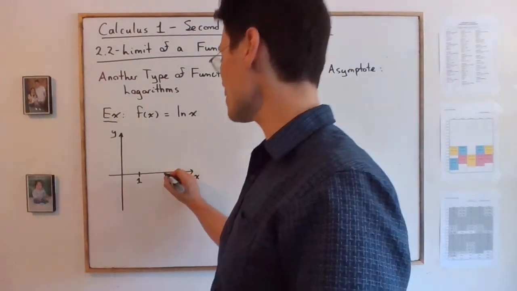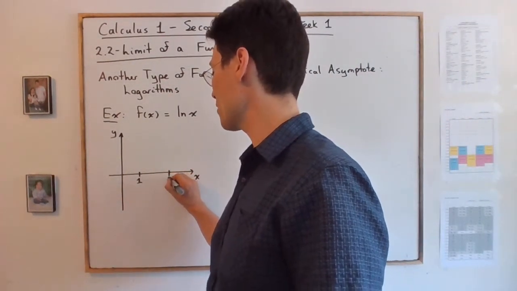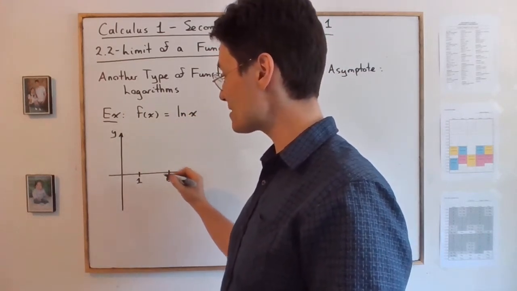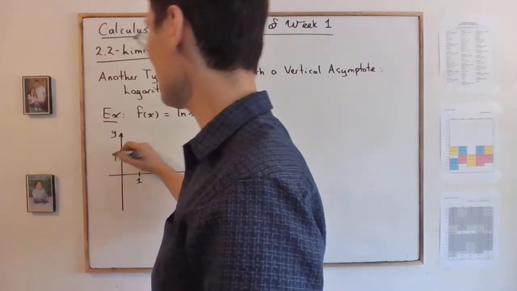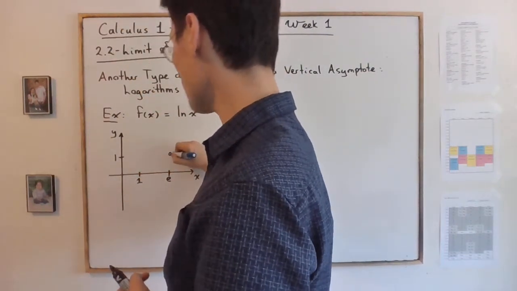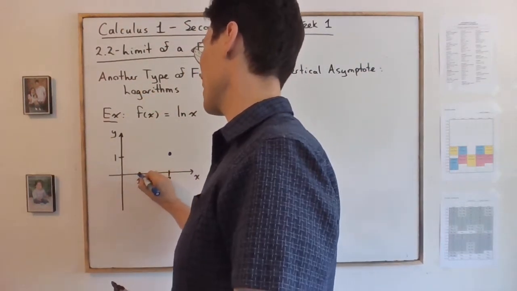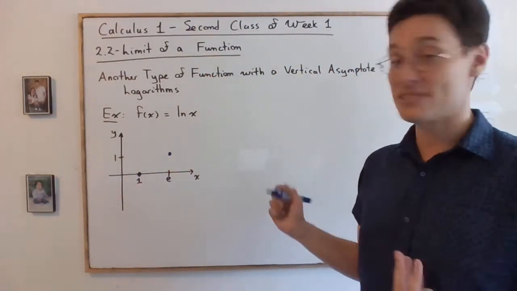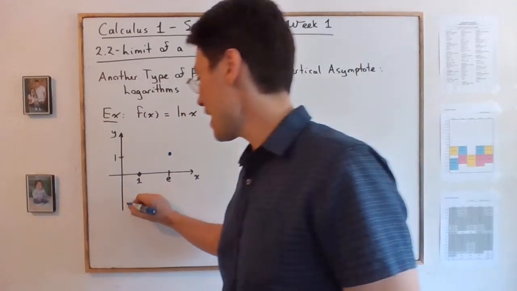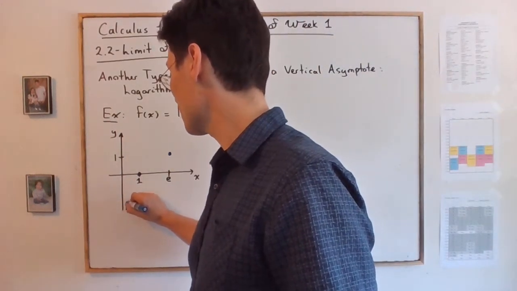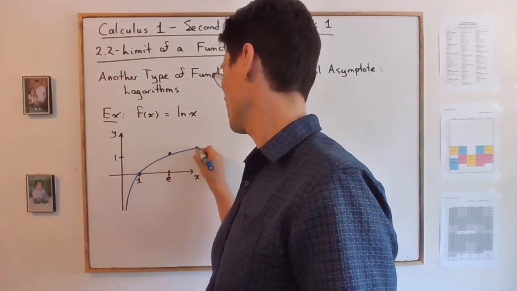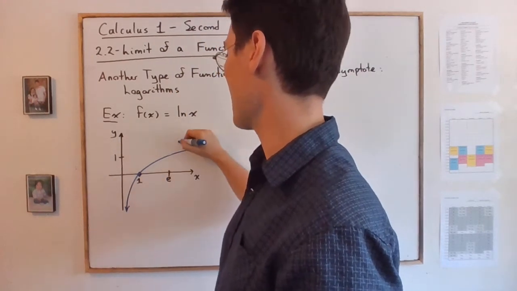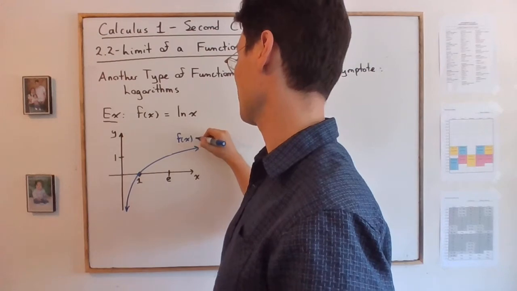And just to remind you, the ln is the base e, so when x is equal to e, y is equal to 1. This you also need to remember. You need to remember what a logarithm means and how to sketch its basic behavior. And it does something like this. All right, so this is your curve, f of x equals ln of x.